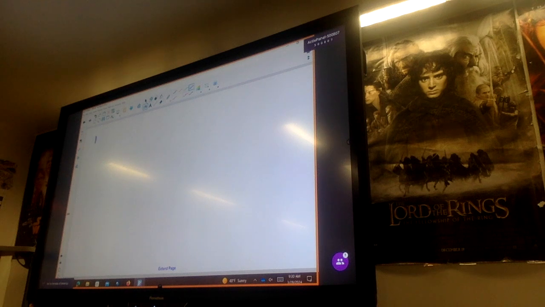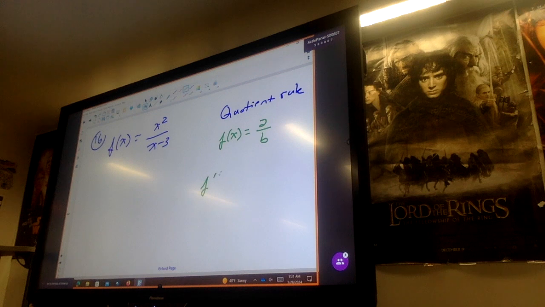Number 16. This is also a little bit of a change in what we've seen. This is going to be the quotient rule. So the quotient rule, if I had f of x equal to A over B, what was the quotient rule? B A prime minus A B prime, divided by B squared.